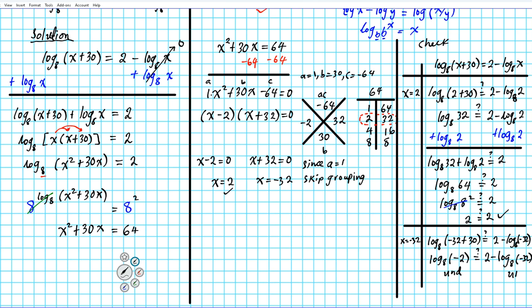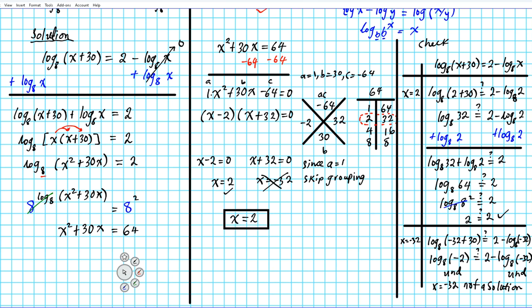This is also undefined, so x equals negative 32 is not a solution. It is extraneous.